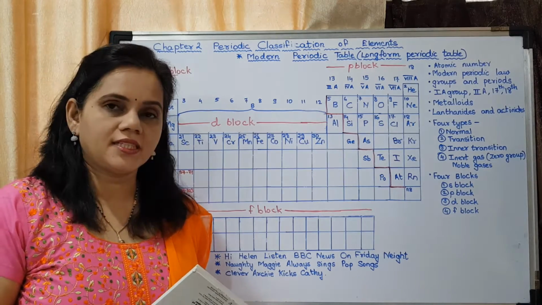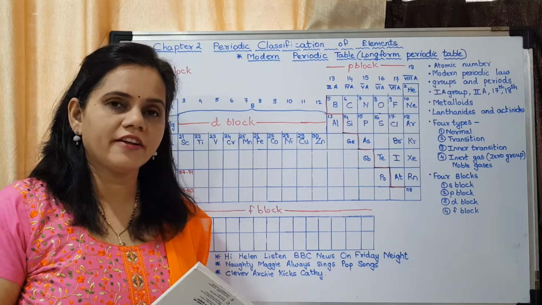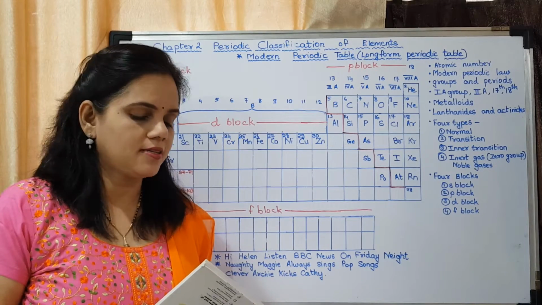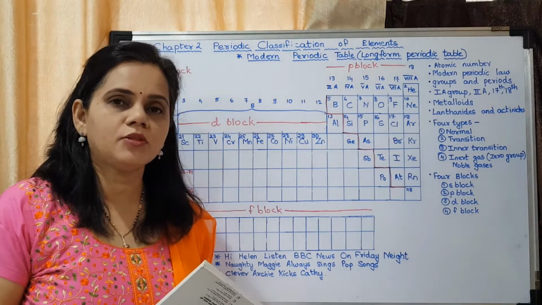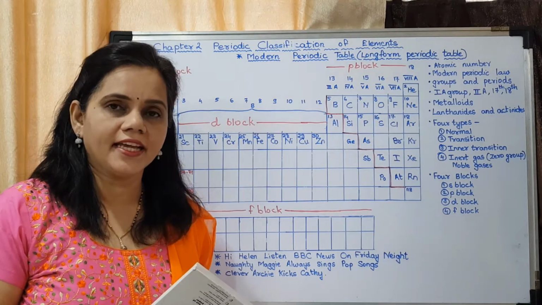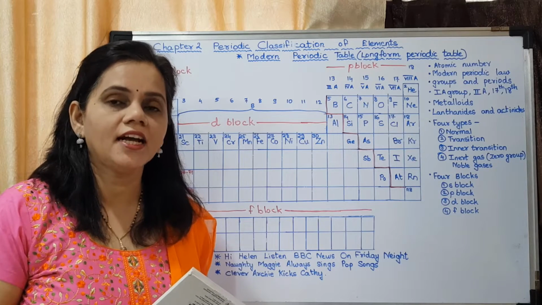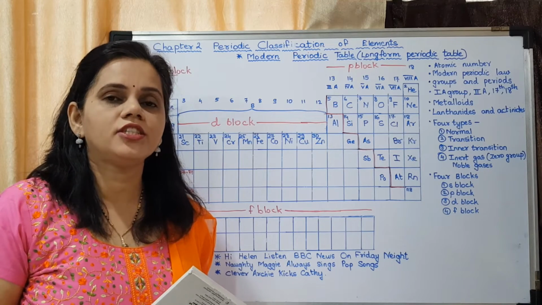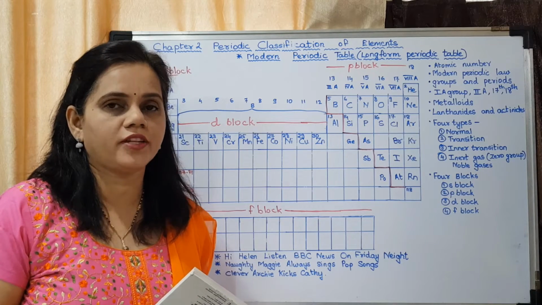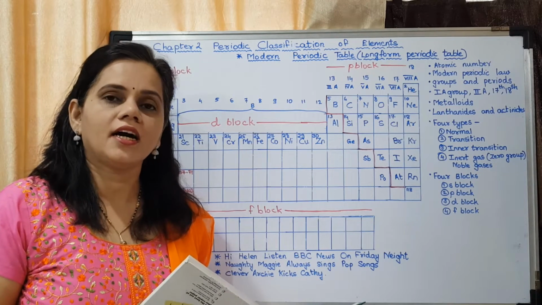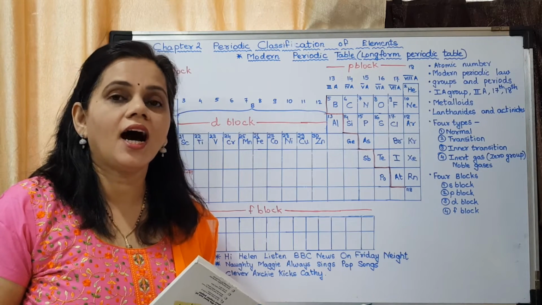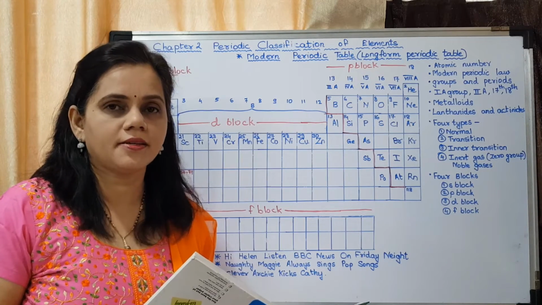The first question is: write the molecular formula of oxides of the following elements by referring to Mendeleev's periodic table. The first one is Na. This I had discussed yesterday, how to write. You have to just see the general formula which has been given at the top of the table, and accordingly you have to just replace R by that particular symbol.